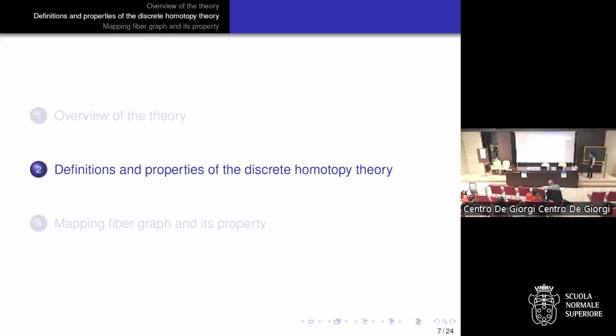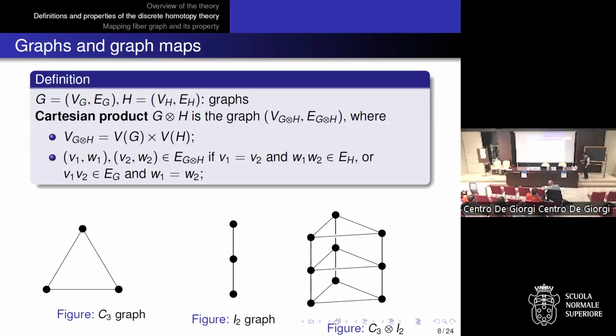Okay. So now let me define discrete homotopy. First, let G and H be graphs. Then we define the Cartesian product of graphs as follows. The vertex set is just the Cartesian product of the vertex sets.